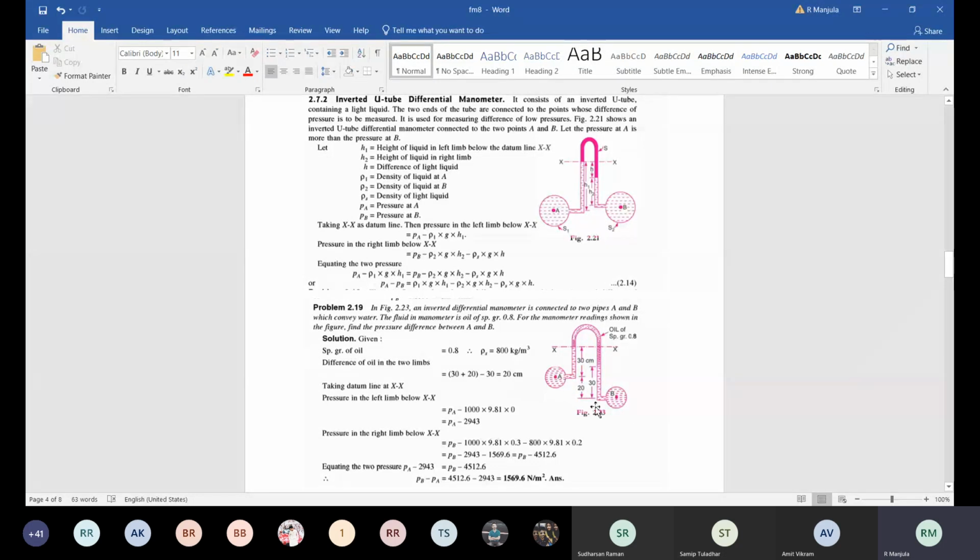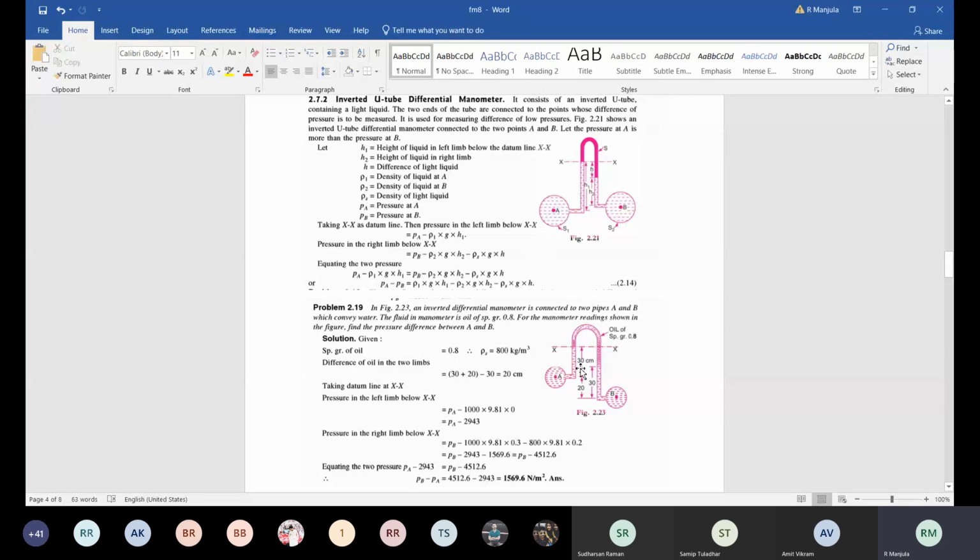The pipes A and B convey water, and in the manometer, instead of mercury, you have oil. Now the pressure at B is PB minus 1000 into 9.81 into 1 into 0.3, minus 800, the density of oil, into 9.81 into 0.2.